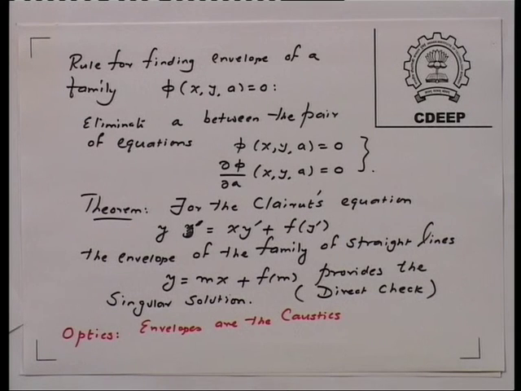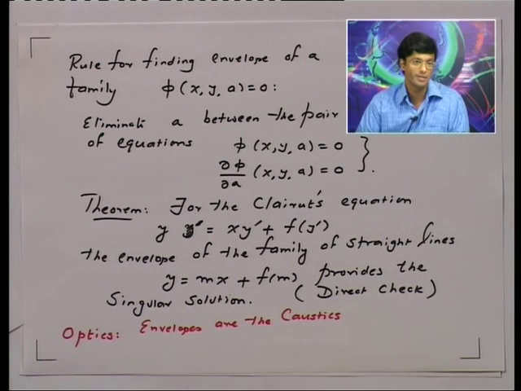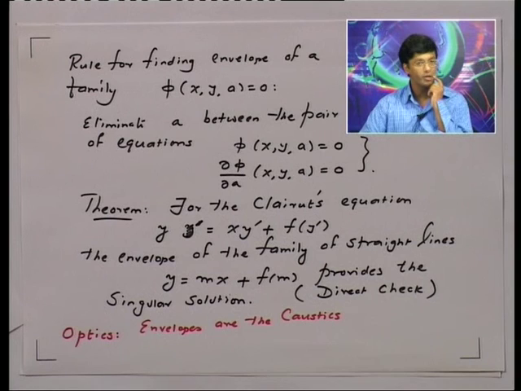You are getting another equation, correct. Now having two equations, you can eliminate the parameter and get an equation between x and y, and that is your envelope. Is the rule clear to everybody?